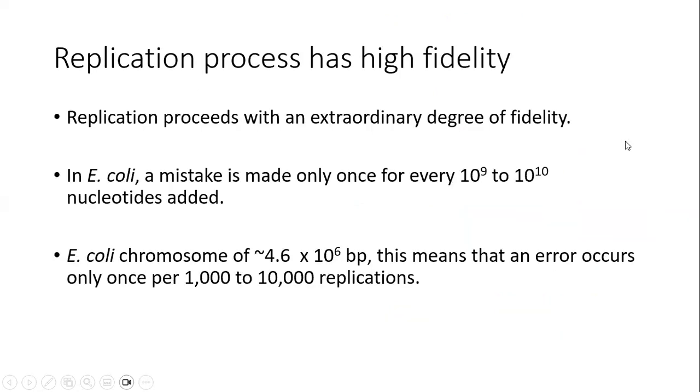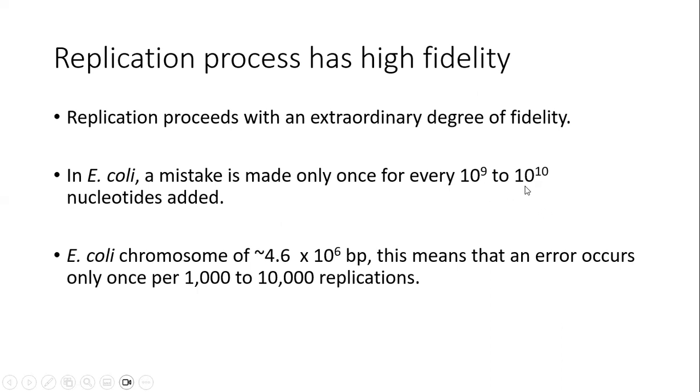Now, the next slide talks about the accuracy of the DNA replication process. The process takes place with a very high rate of fidelity, or accuracy. During replication, the E. coli cell makes about one mistake every 10^9 to 10^10 nucleotides added.